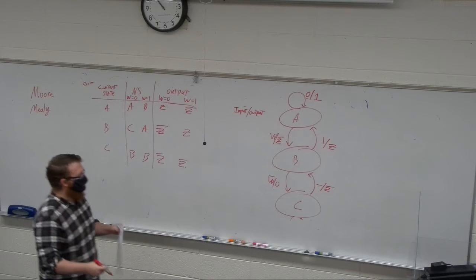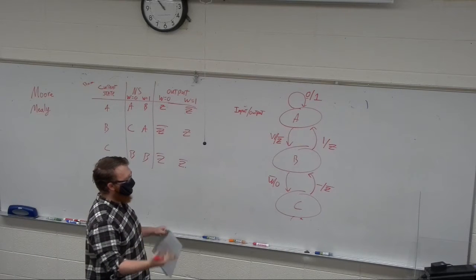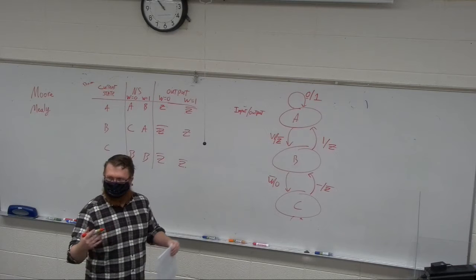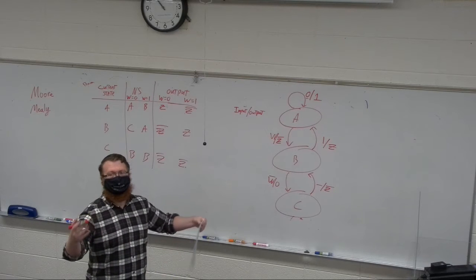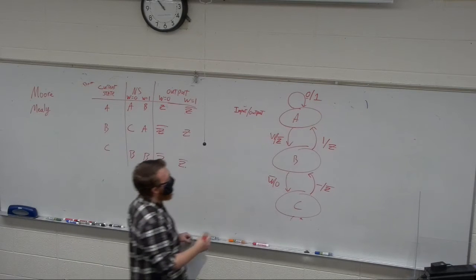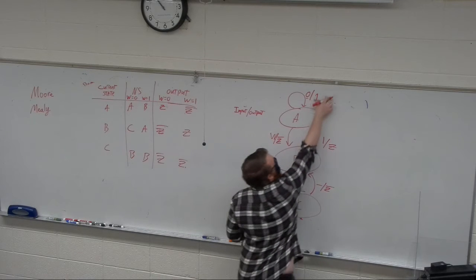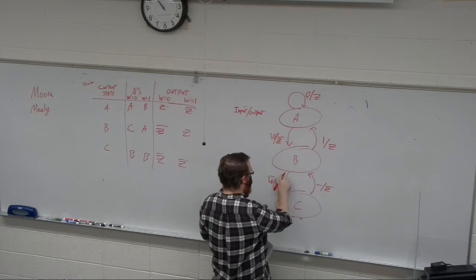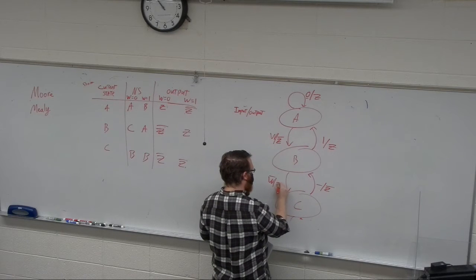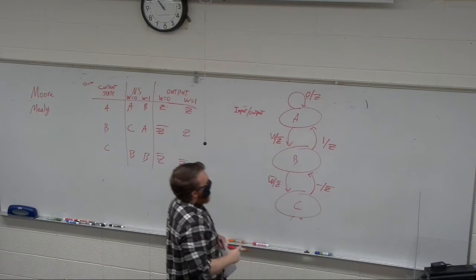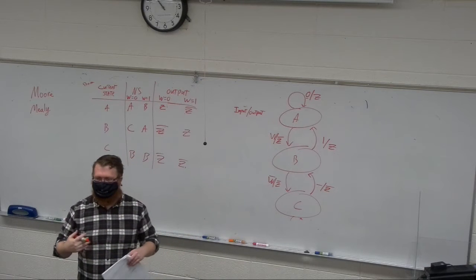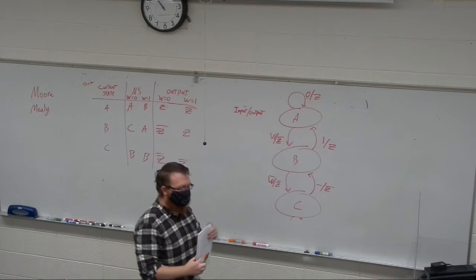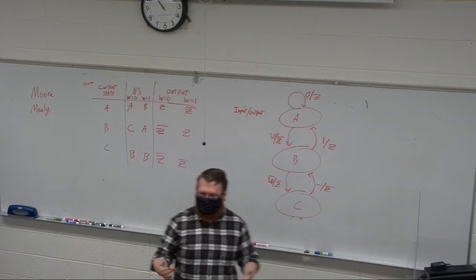Okay, so the next idea that I will introduce to you is that each of these states might have multiple outputs, right? So instead of just Z, I'm going to update all of the outputs. Let's take this to a little bit more of an advanced idea and how I write it.